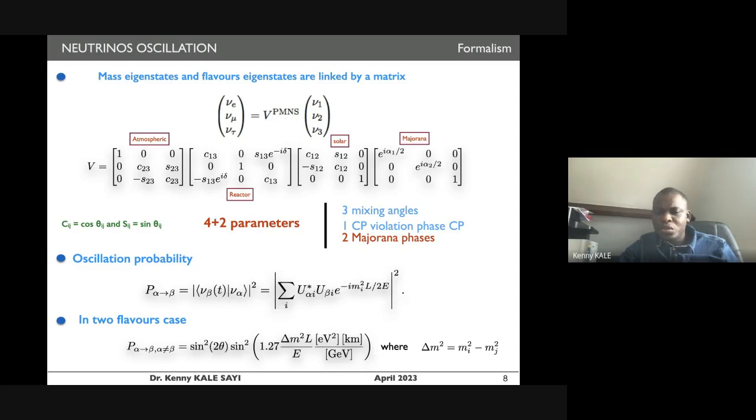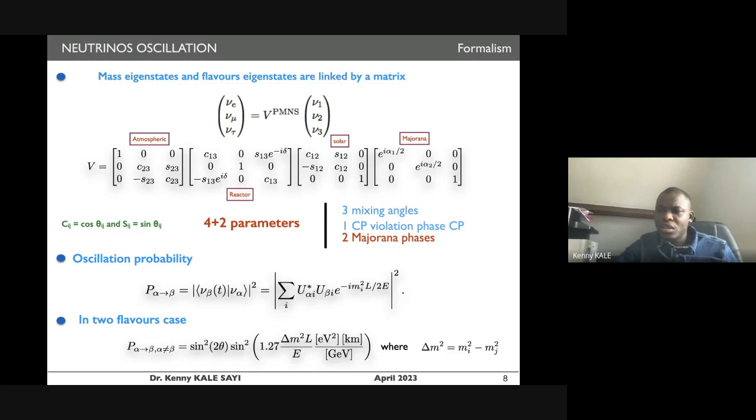So if the neutrinos were massless, the squared mass difference would be 0. As you know, the sine of 0 is 0. So we should see no oscillation if the mass were 0. But since we see oscillations in experiments, this implies that neutrinos have mass.